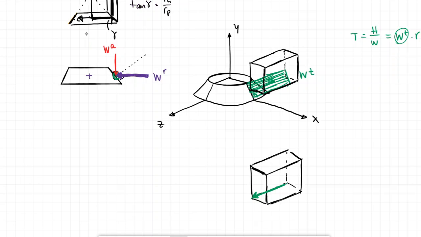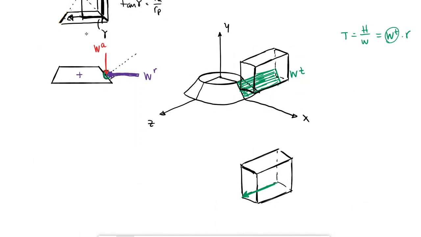And if I look at this side view for the 3D version, I'm going to have an axial, this direction, and a radial coming in. So basically a radial coming in and axial coming down, right?